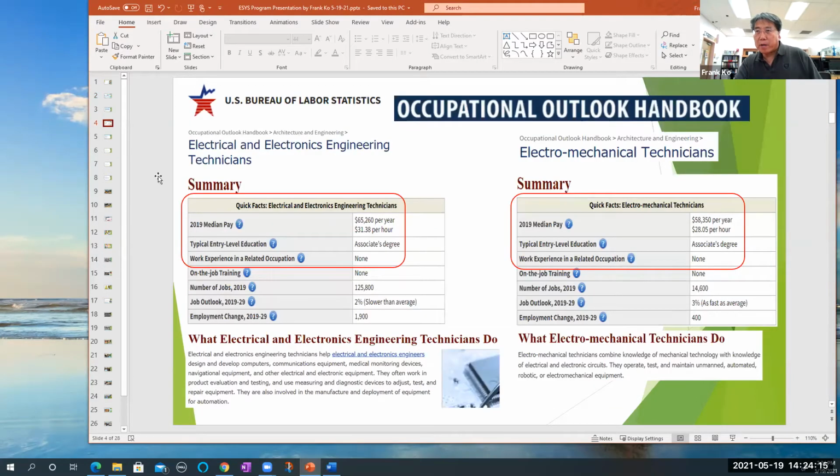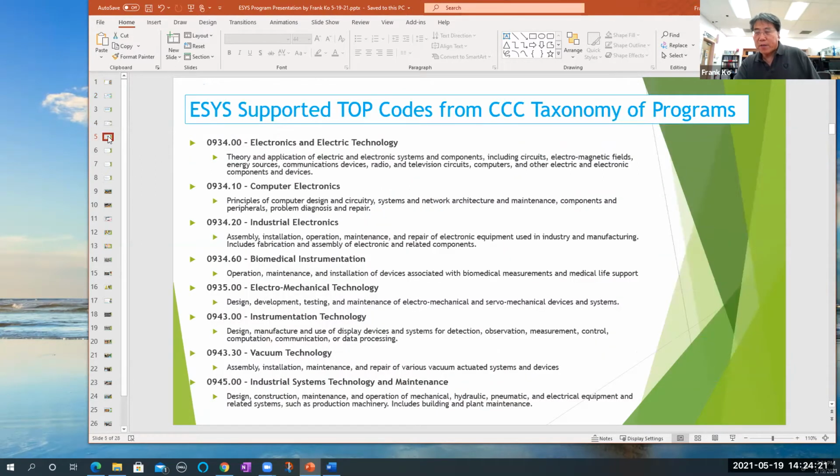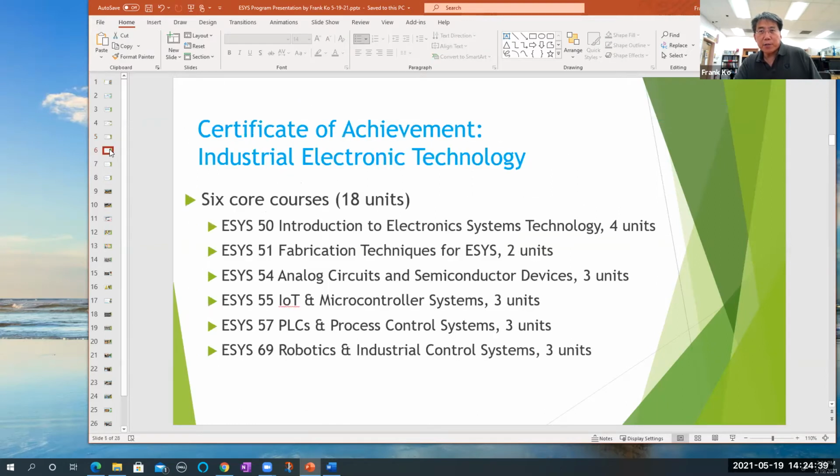The Occupational Outlook Handbook, again, those numbers look very good. The specific areas that our program supports: electronics technology, computer electronics, industrial electronics, biomedical instrumentation, electromechanical technology, instrumentation, are just some of the category areas of job descriptions.